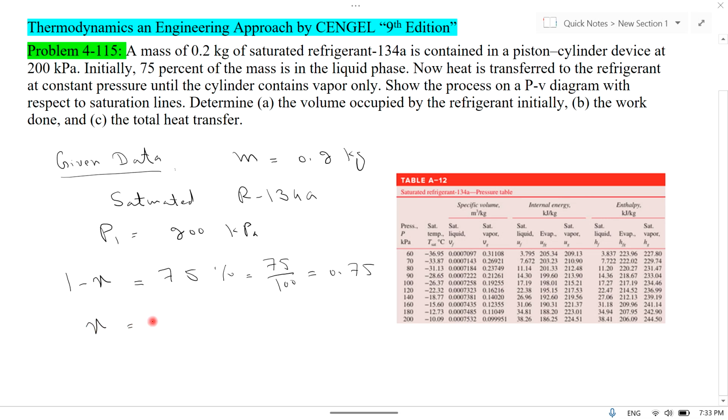So x is equal to 1 minus 0.75, which is equal to 0.25. It means 75% is liquid, so 25% will be vapor, and basically the percentage of vapor is the dryness fraction, which is x.